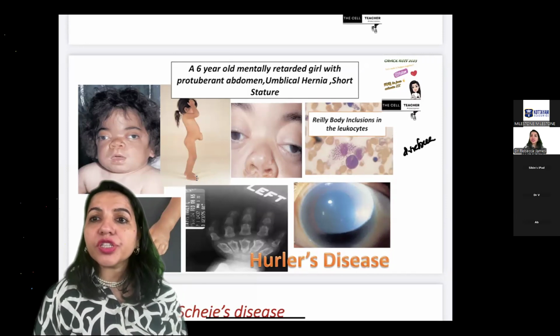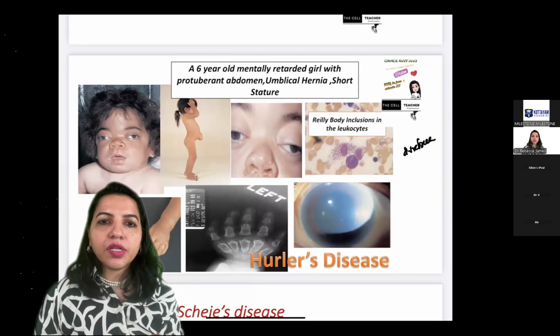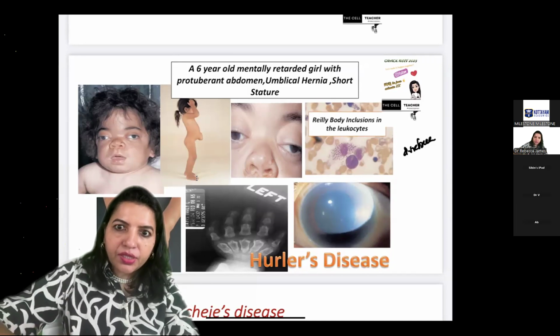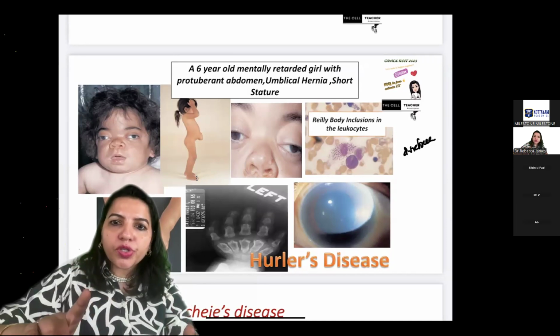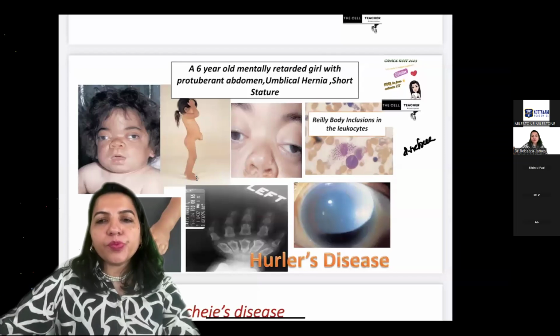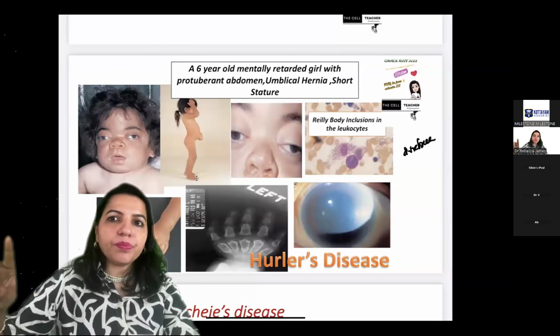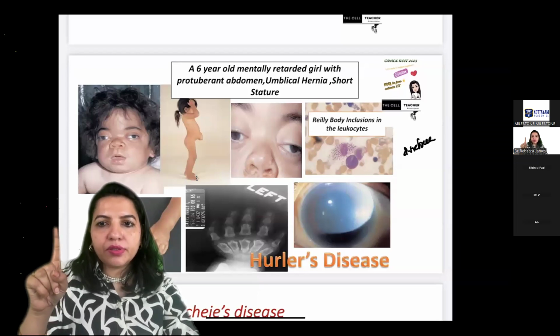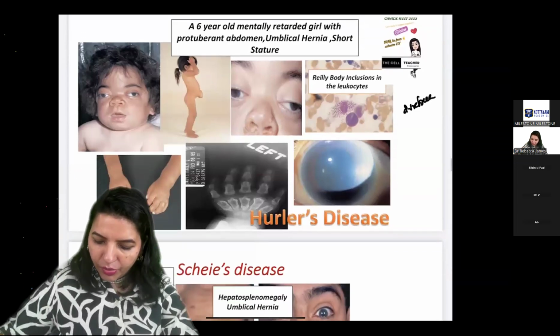Yes, beaking of vertebrae you can find in the case of mucopolysaccharidosis. L-iduronidase is the enzyme defect in the mucopolysaccharidosis called Hurler disease, mucopolysaccharidosis type 1, MPS type 1, okay?